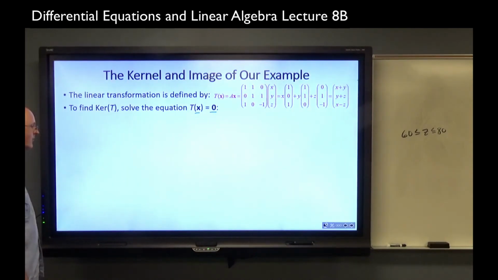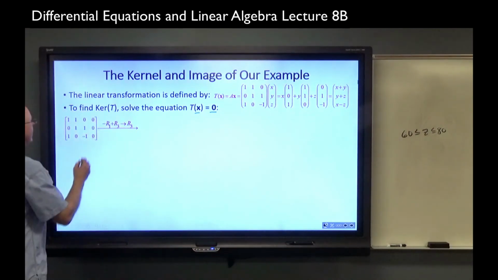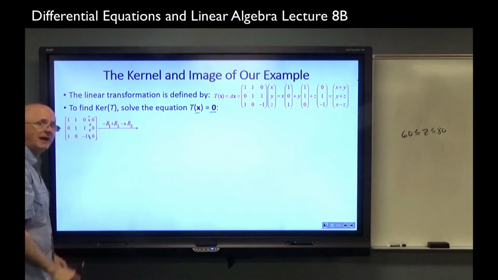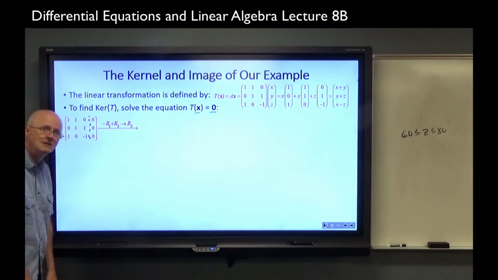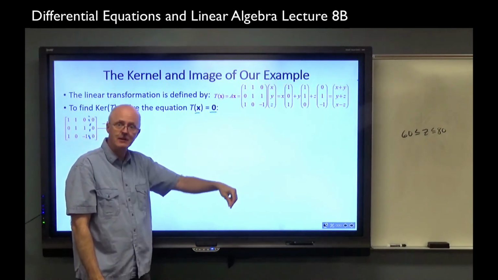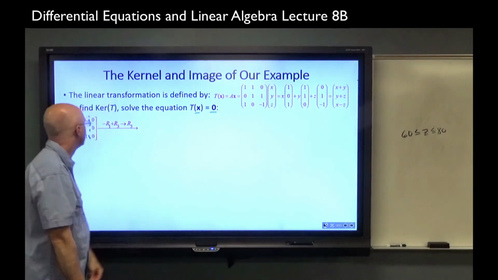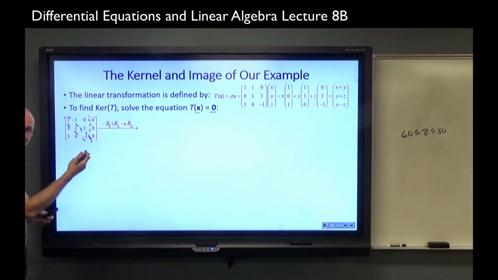We can do that by row reduction, except now the numbers to the right of the dashed line that I draw in here are a bunch of zeros, because it corresponds to the 0 vector. The right-hand sides of all the equations are all zeros. So I do the same row operations because I have the same part to the left of the dashed line to get it into reduced echelon form, where I have leading ones along the main diagonal, zeros below them and zeros above them if I can.